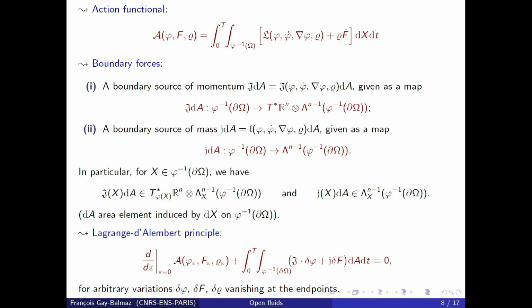With a bit of geometric thinking, we also have to devise what boundary force, what geometric object we need on the boundary to impose this boundary force. So first, concerning the fluid momentum, we will need a map going from these labels to T star R^n because we have to pair with variations. And then we need a volume form on the boundary because we have to integrate on the boundary.